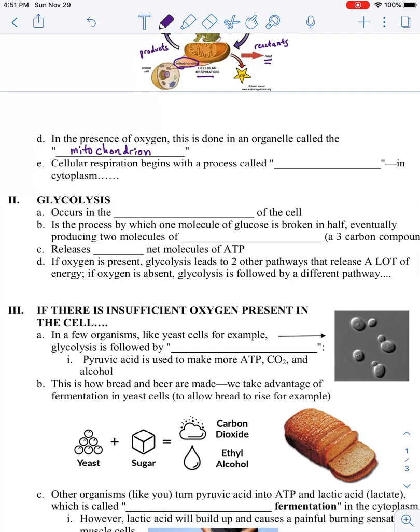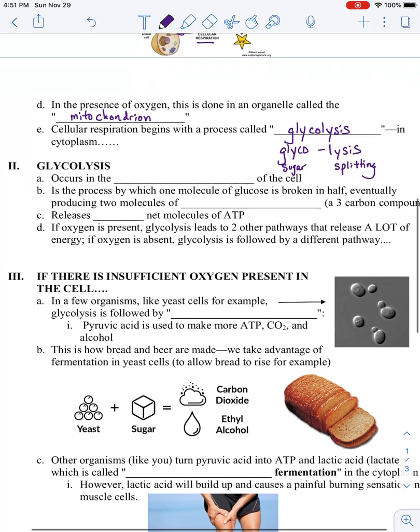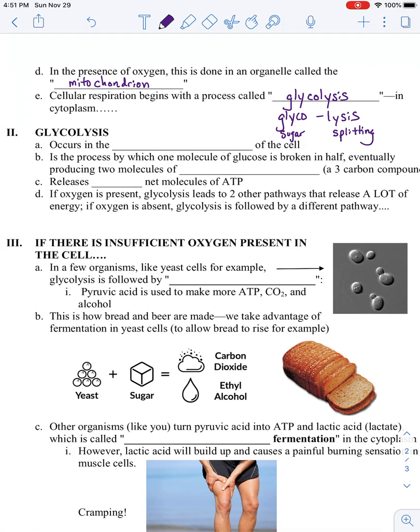Respiration always begins with a process called glycolysis, which literally means sugar splitting or sugar breaking up. As mentioned before, glycolysis occurs in the cytoplasm, so we haven't even gotten to the mitochondria yet.